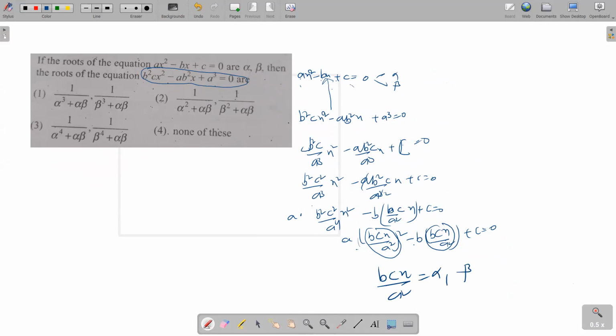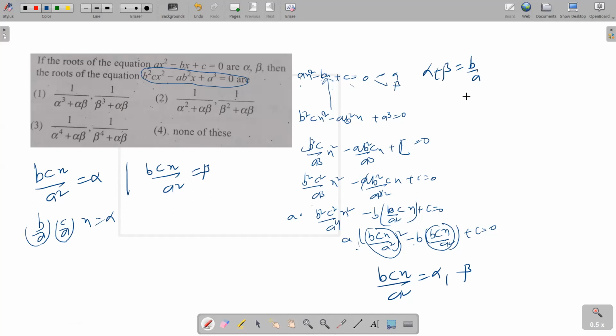Did you understand this? So bcx upon a square equal to either alpha or bcx upon a square equal to beta. So b by a out, c by a out, x equal to 1. Now for b by a, the sum of the roots is minus b by a, and the product of the roots is c by a. So for b by a, write alpha plus beta, and for c by a, write alpha into beta.